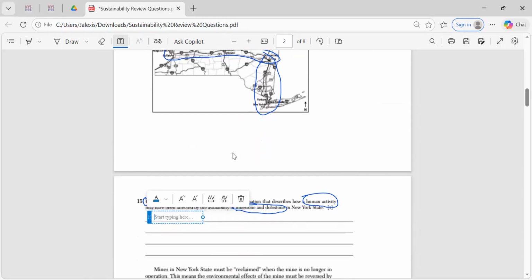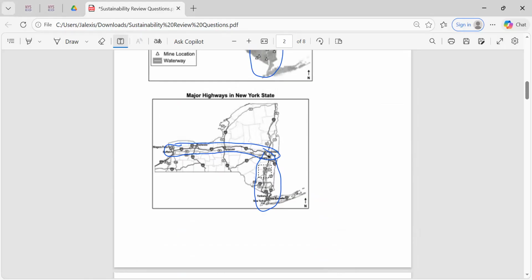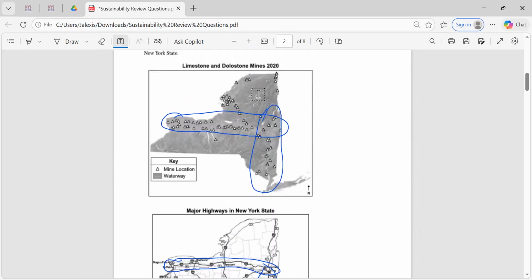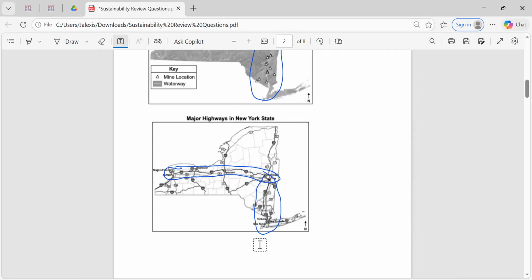Maybe they're used to construct highways. So now, to describe the human activity and how it can be affected by the availability of limestone and dolostone: in areas where I don't see a limestone or dolostone mine, I also don't see a highway. In areas where I do see a limestone and dolostone mine, I see a highway.